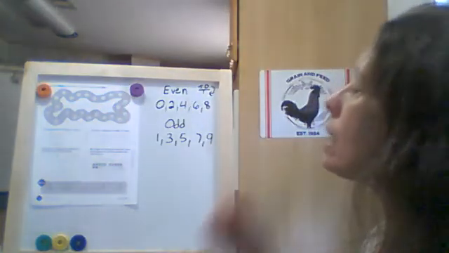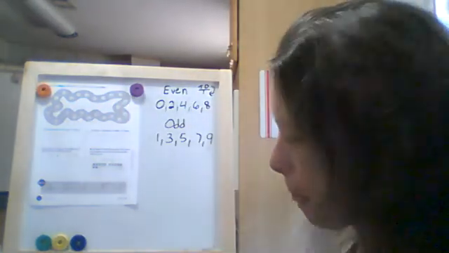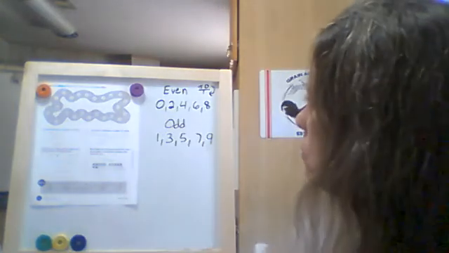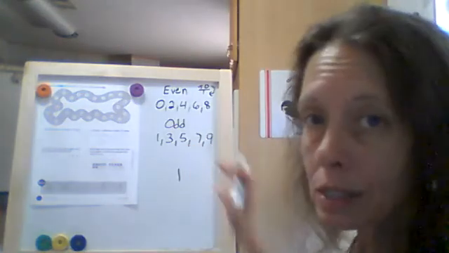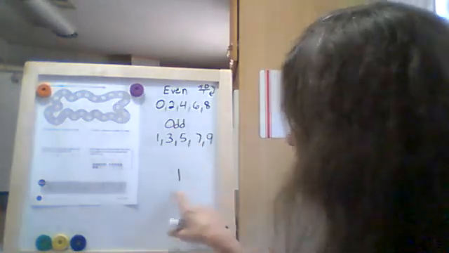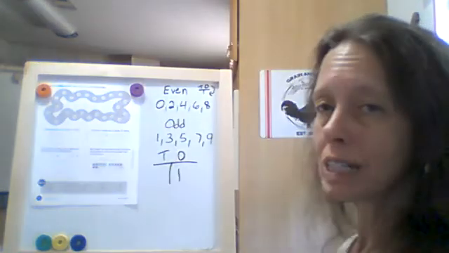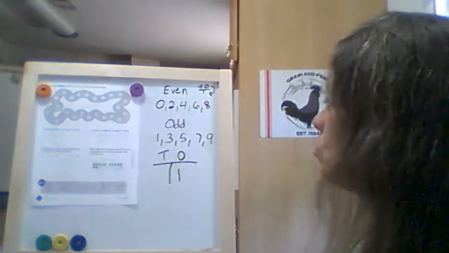So if our number only has 1 digit, like the number 1, all we're looking at is the last digit, last number. Well, here it is. This is the last number. This is the ones place. Because the number 1 doesn't have any tens in it, does it? No, just 1.